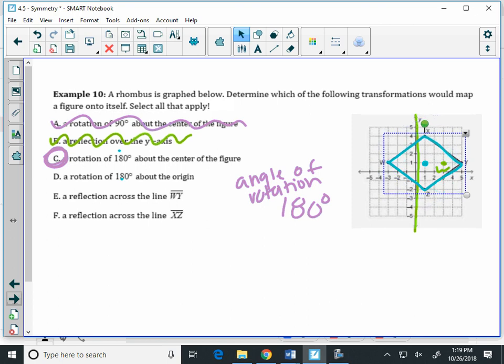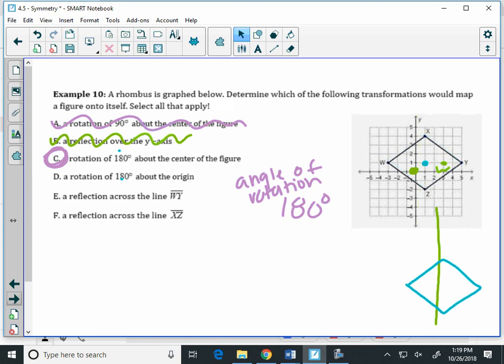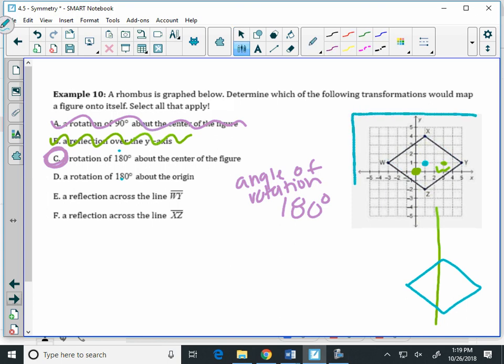It just kind of moves about, right? Now go ahead and move your pencil and put it on the center of the origin. Put your pencil on the origin, because that's what we're turning about when it says about the origin. And then turn your paper.